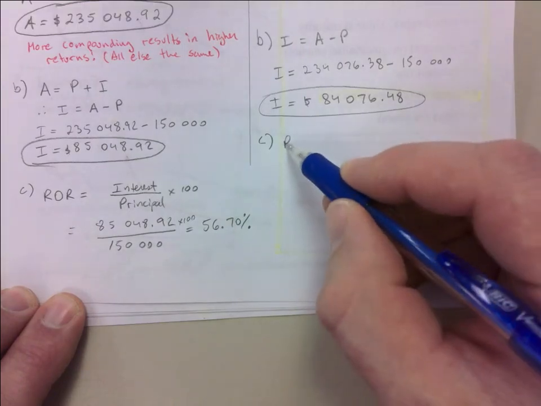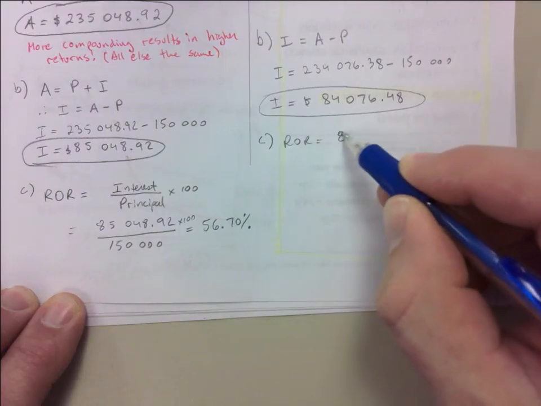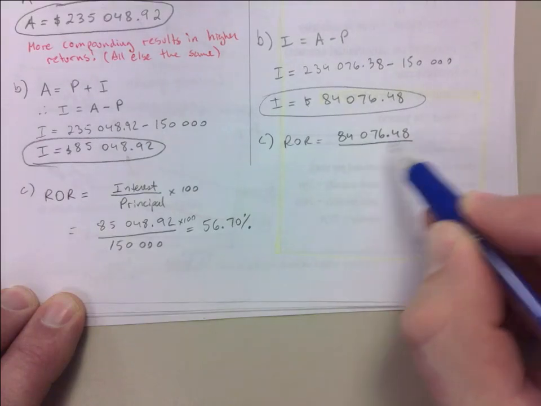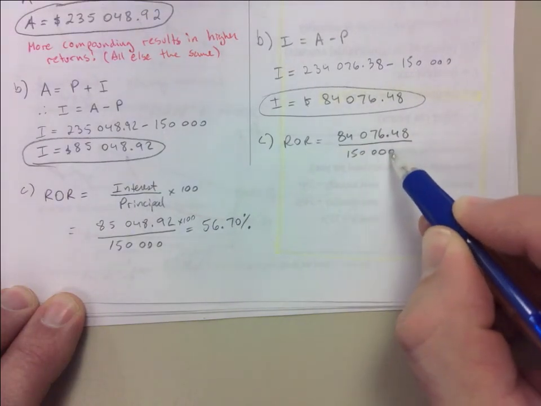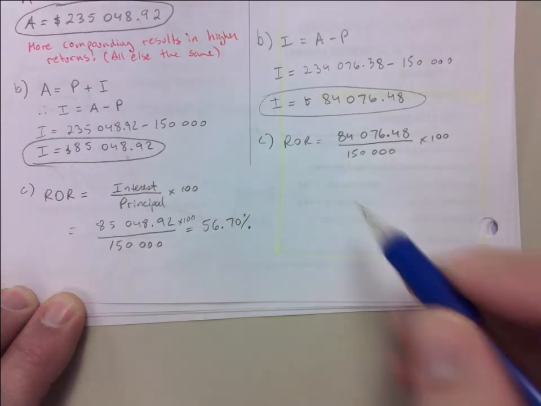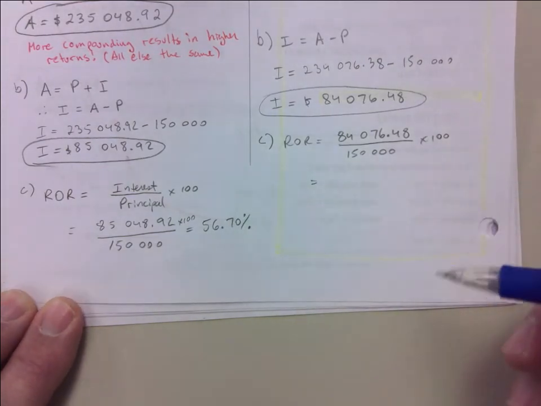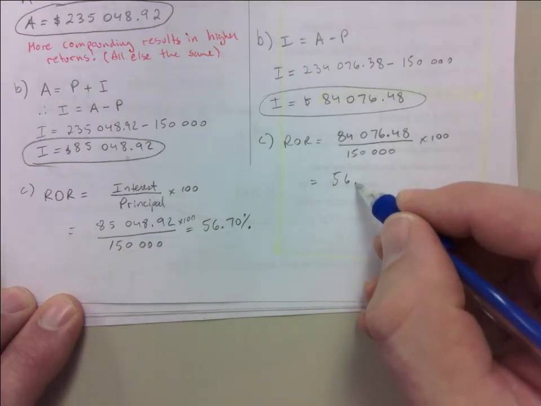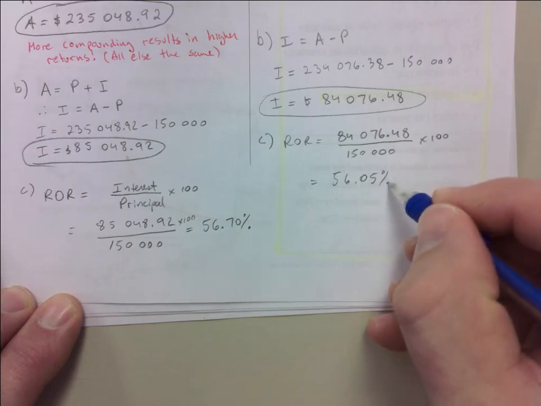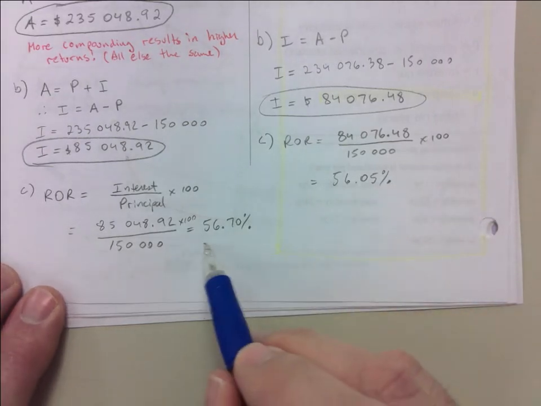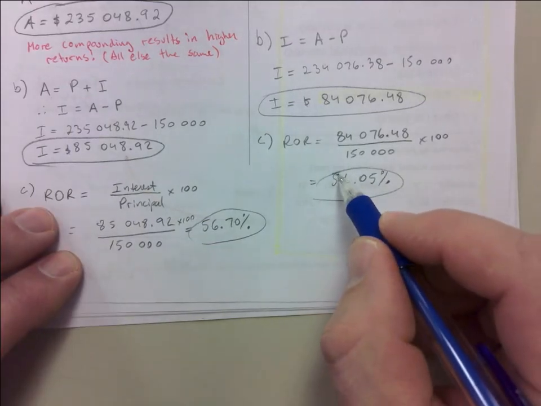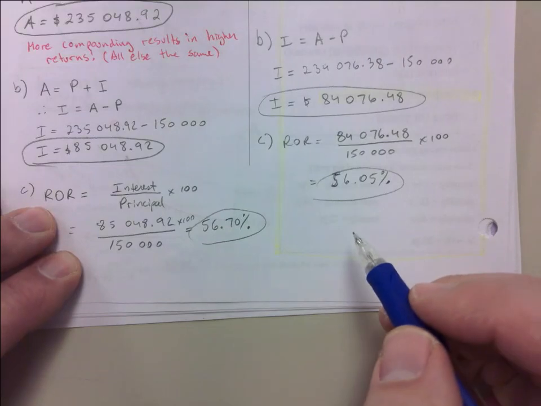C on the other side, rate of return is 84,076.48 divided by 150. Multiply that by 100. Your rate of return there is slightly less. But this is also the ultimate way to answer a question about which investment is better.